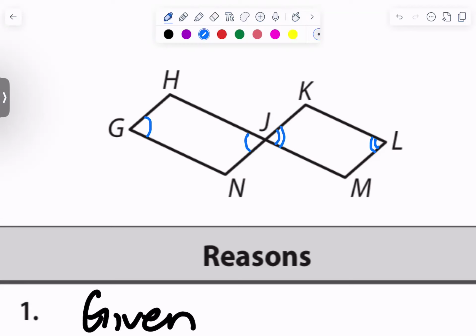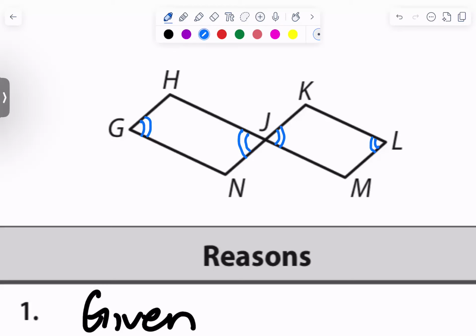They're vertical angles. These inner angles are vertical angles. So I know that they're congruent, so I'm just gonna add another line right there. So they're vertical. And since angle HJN is two angle measures that I drew, this one's also gonna be 2, correct?